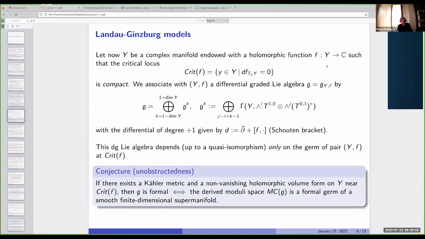It means that the derived moduli space is a formal germ of a smooth finite-dimensional supermanifold. The cohomology of this algebra is always finite-dimensional. Yeah, so that's the basic conjecture, and I will discuss this conjecture.